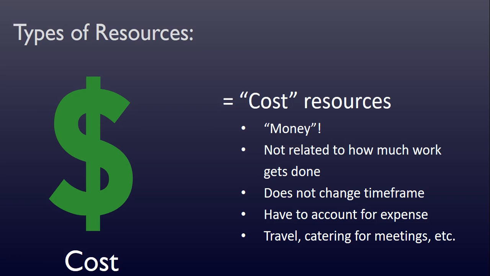So the cost of those travel accommodations and those plane tickets, things like that, would be a cost resource. Likewise, catering for meetings. So it's something that's going to cost money that we've got to do in the course of this project. So we have to account for that expense, but no matter how much we pay, it's not going to really make the project get done faster or affect our other resources in any way. Hope that makes sense.